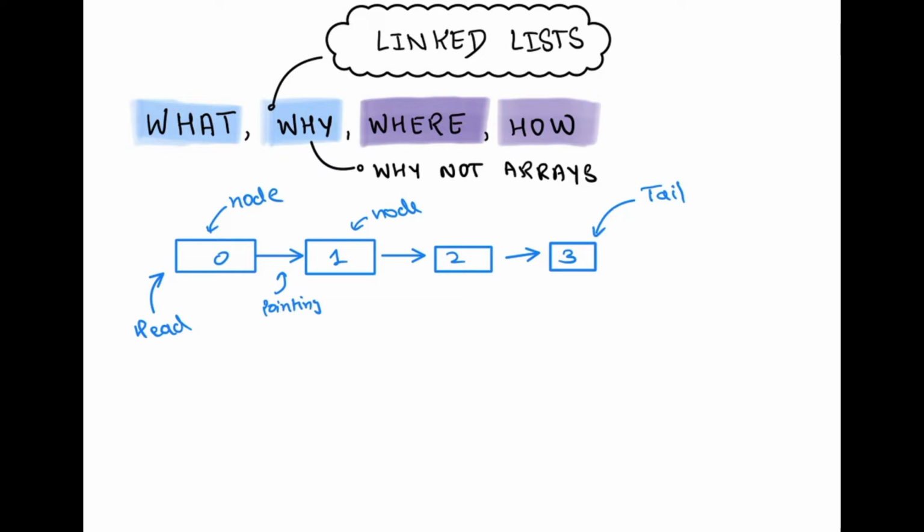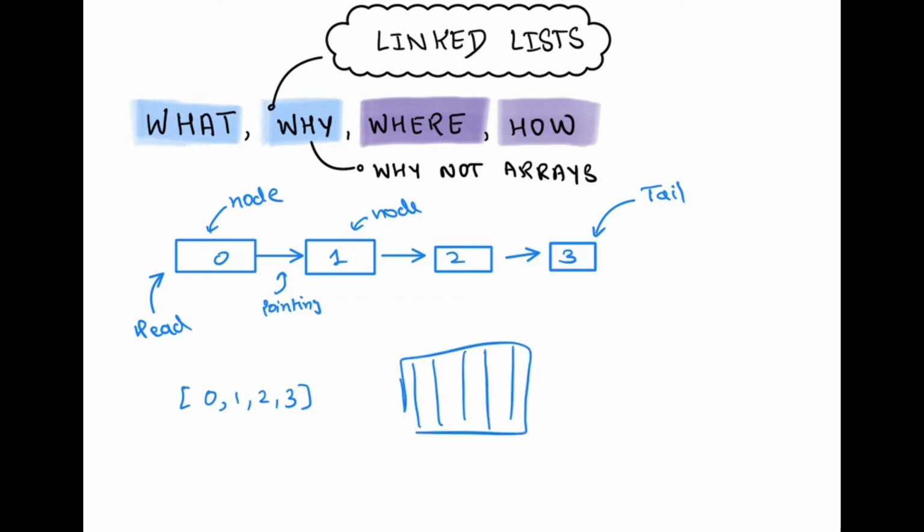Now, why are they needed and why not arrays? In an array, if I were to store the same data 0, 1, 2, 3, it would create a very messy structure on the memory.